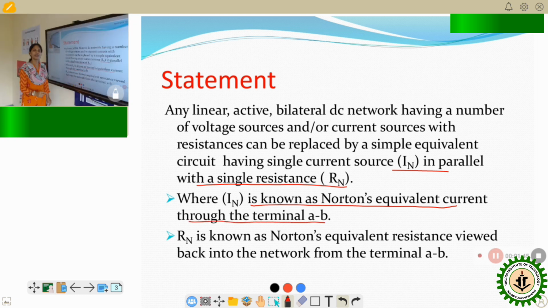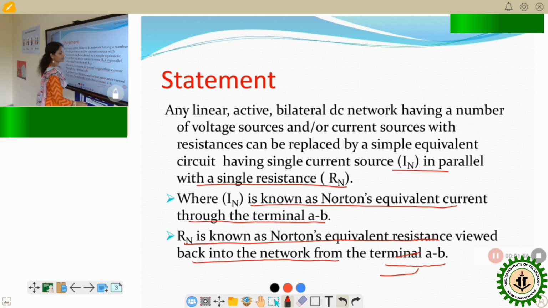AB means the open circuited terminal or the short circuited terminal. And Rn is known as Norton's equivalent resistance viewed back into the network from the terminal AB.